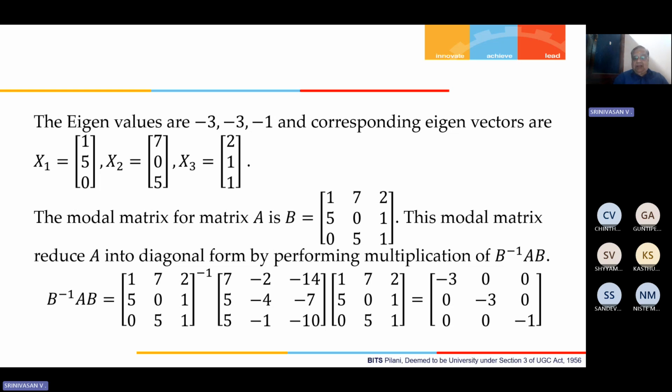So as I mentioned, don't read it as x1 by -28, x2 by -14, x3 by -14. No question of division. They are proportional values, x1 is to x2 is to x3. That means -28, -14, -14, which you can write by dividing throughout by -14.